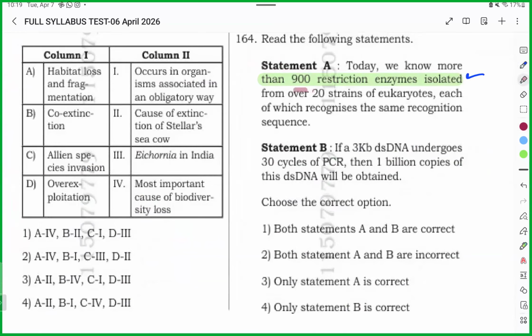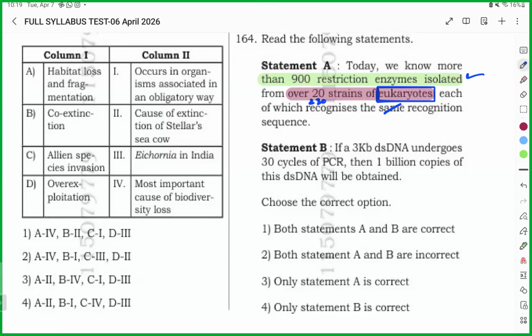Second, over 20 strains of the eukaryote. First, this is wrong: not eukaryote, bacteria. And we have more than 230 strains, correct? Not only 20, more than 230 strains from bacteria, which recognize the same recognition sequence. Of course not.